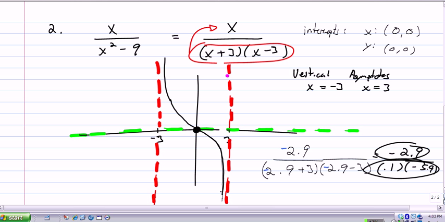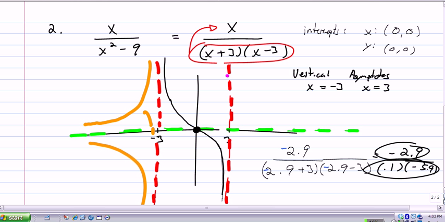Okay, cool. So then, let's go to the left-hand piece. You have to decide, is it this one? Is it this one? We know we can't cross the x-axis because we don't have x-intercepts. Or is it this one? Well, we just have to pick a number to the left of negative 3 and see if we get a positive answer.